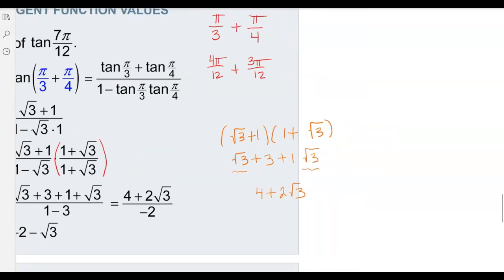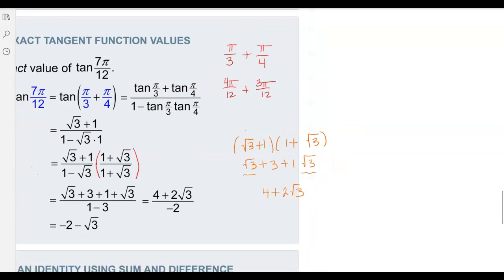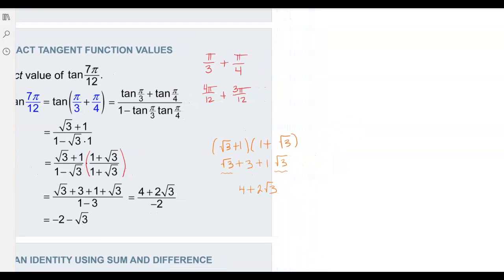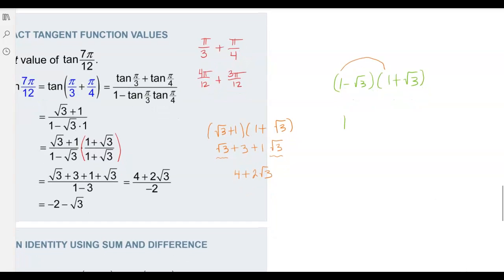Let's look at the denominator next. The reason we choose the conjugates is because if we do them correctly, those square roots should go away. So I have 1 minus the square root of 3 multiplied by 1 plus the square root of 3. Again, let's use the distributive property or FOIL. We have 1. Then we'll multiply this to get square root 3.